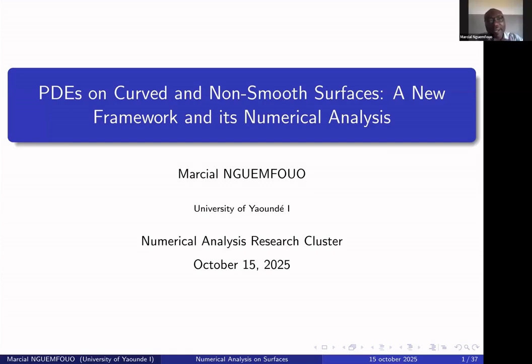Because many real-world engineering and biological problems occur on surfaces. I'm from the University of Yaounde 1. Now I'm working with the Mathematical Oncology Initiative from New York, where we try to apply PDE models to cancer modeling, particularly breast cancer.